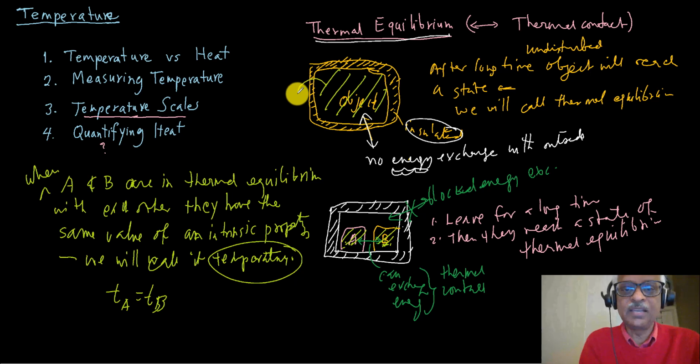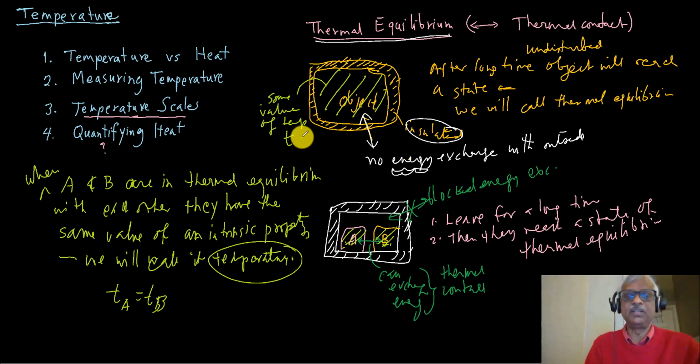And here we say it has some value of temperature which we don't know what it is. It's just some value of temperature. Unless I compare these two systems, I don't know how to get the temperature. And that's how you measure temperature.